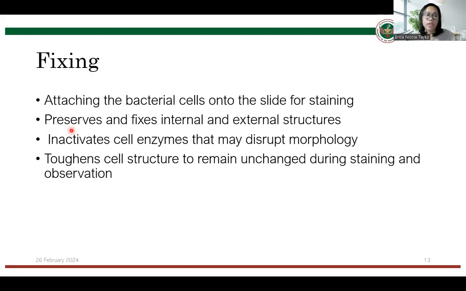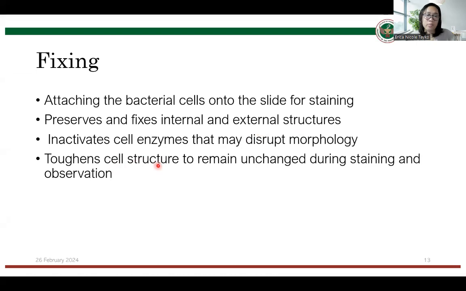It also preserves internal and external structures and inactivates the cell enzymes, so you try to kill the bacteria. It's also added protection for you as the experimenter, because when you subject the bacteria to heat fixing or chemical fixing, the cells of the bacteria are inactivated. So essentially, the bacteria is being killed.